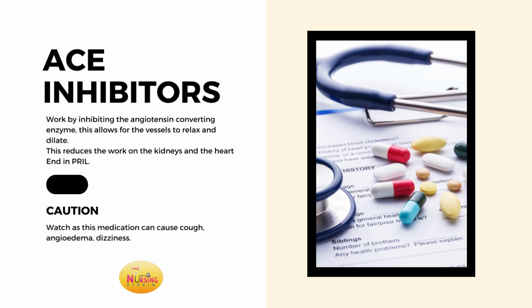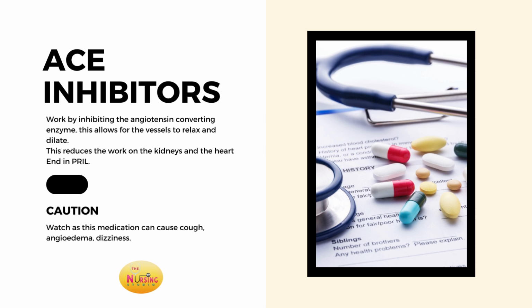ACE inhibitors, very common medications, end in -pril. They work just as the name states, by inhibiting that angiotensin converting enzyme. Same thing, it allows those vessels to relax and dilate, okay? So this is reducing that blood pressure, but because of how the angiotensin converting enzyme works, it allows the kidneys and the heart to have to do less work, right?